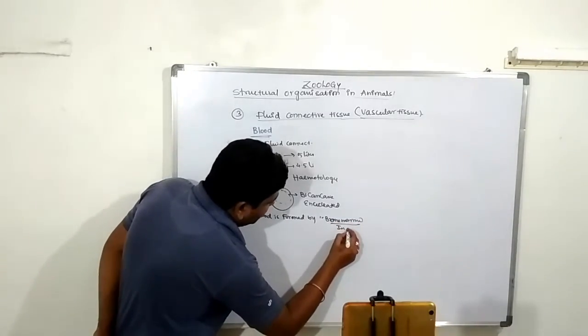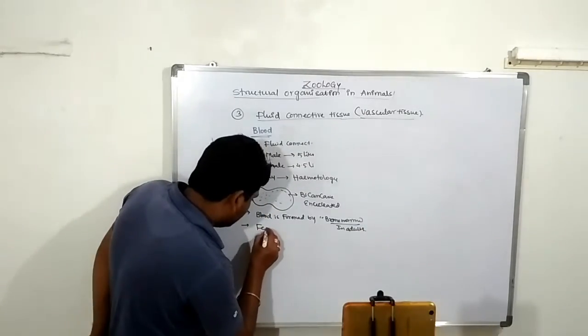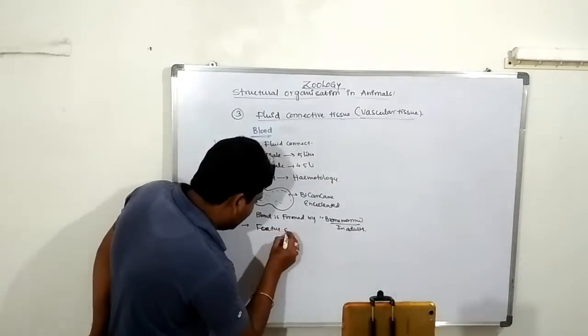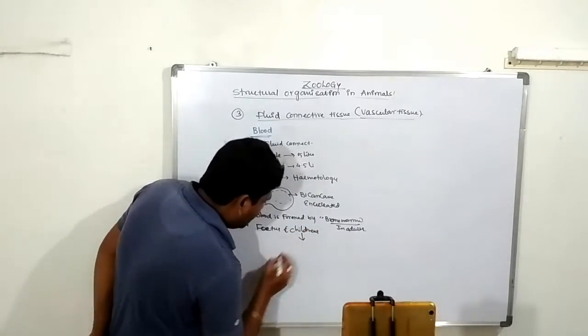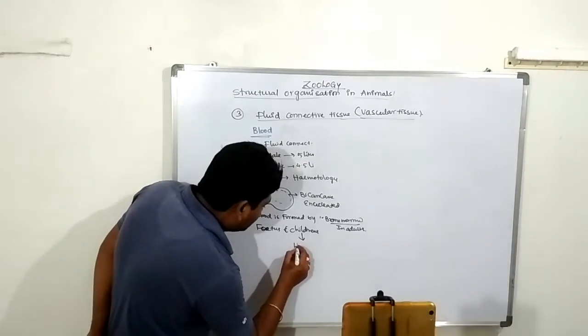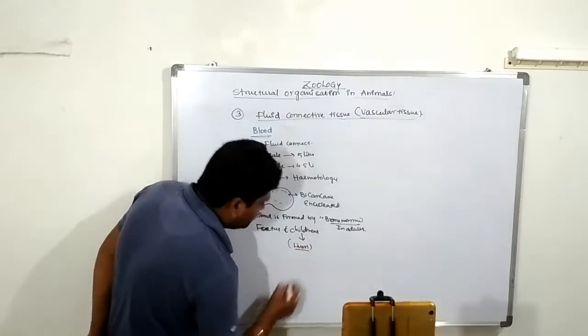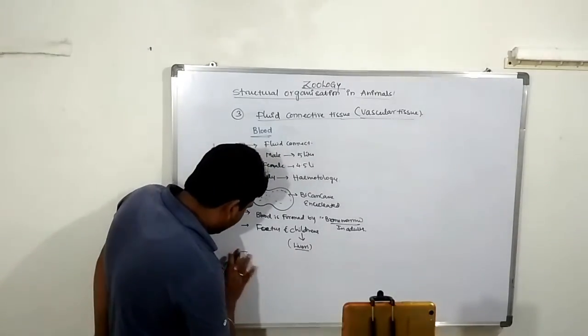In the fetus and children, blood is formed in the liver. Are you clear? So this is the information about the blood.